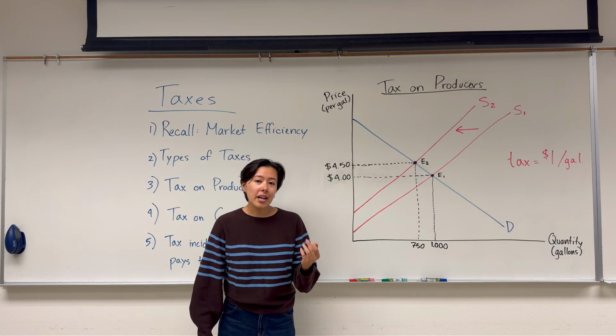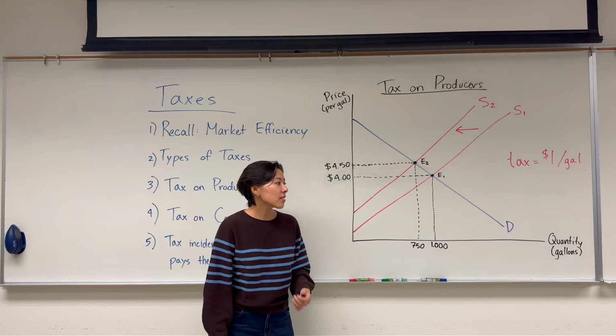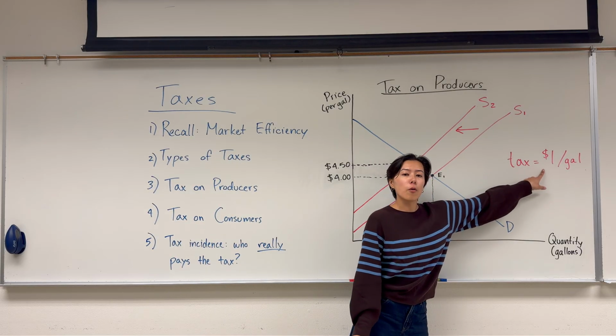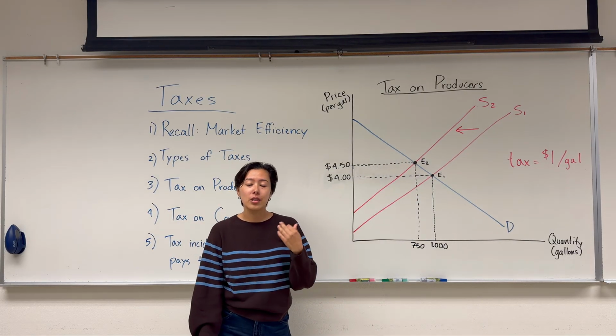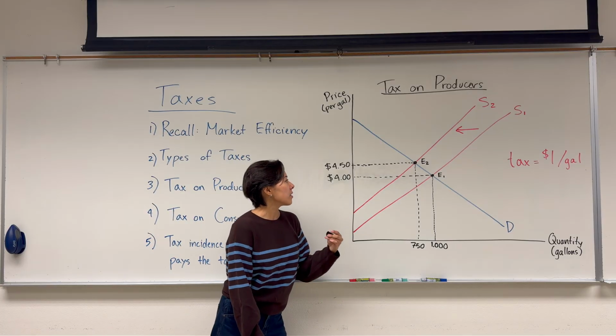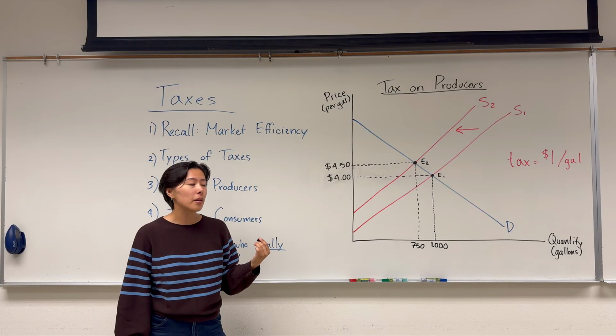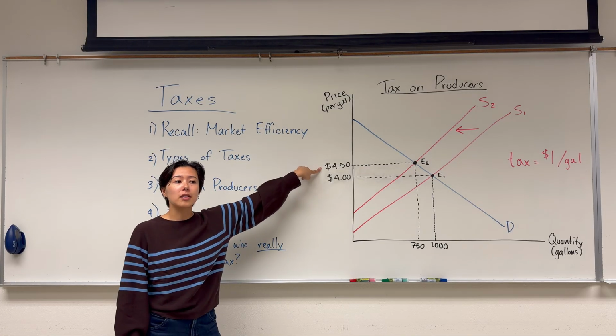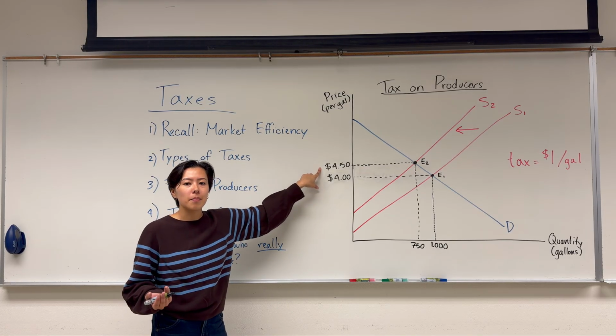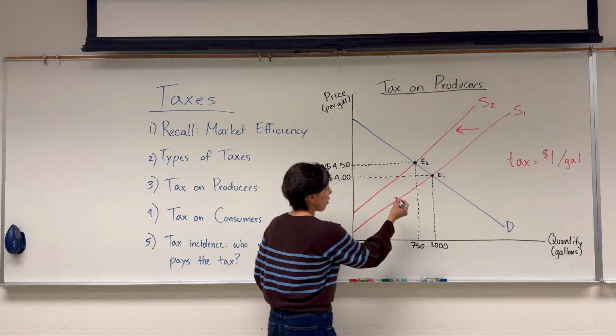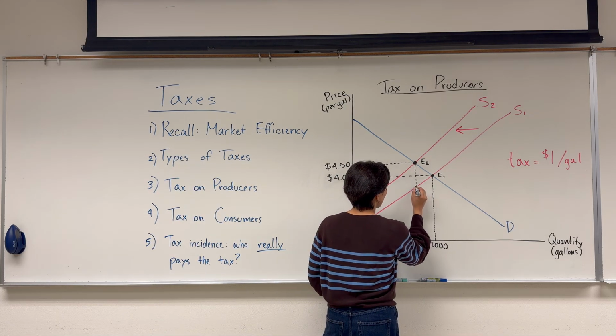So our buyers are paying $4.50. Our sellers need to forfeit $1 per gallon to the government in taxes. And so the price that our producers get to keep is whatever price my consumers paid minus the amount of the tax. And on our graph, that's actually given by this point here.